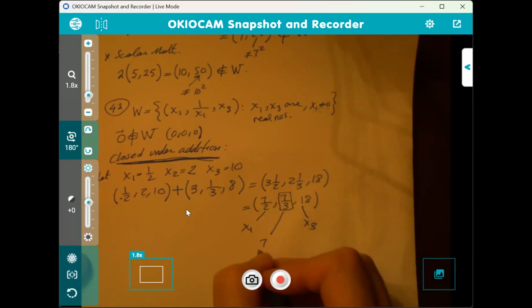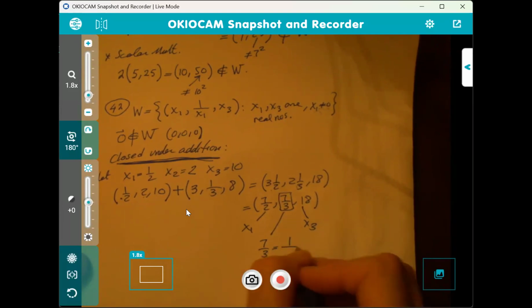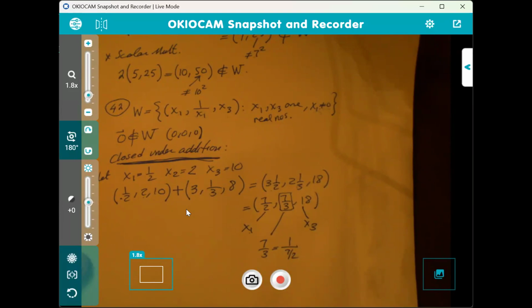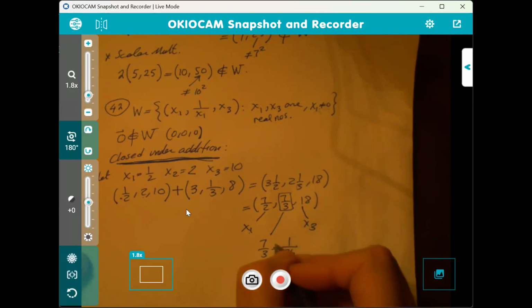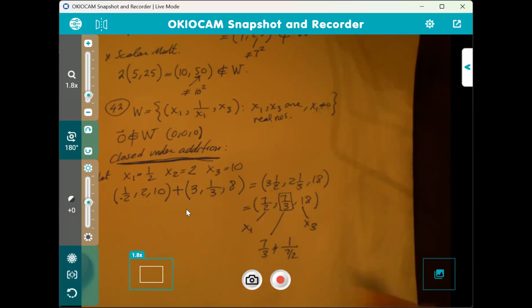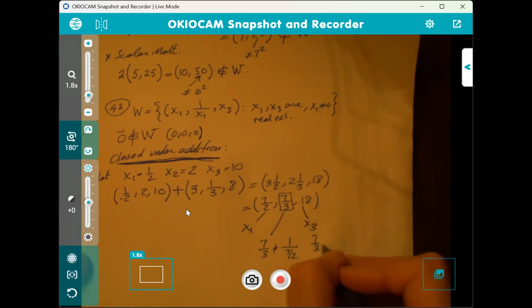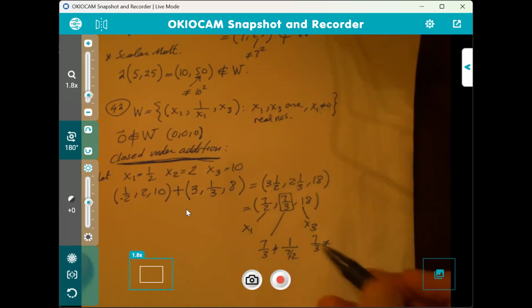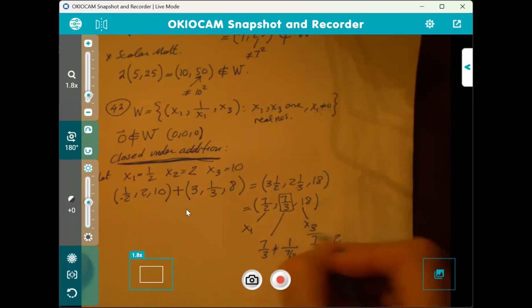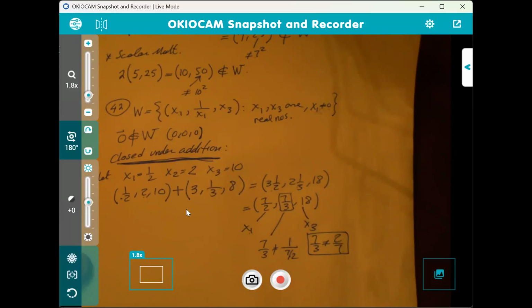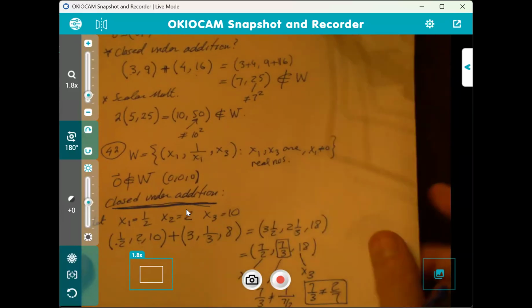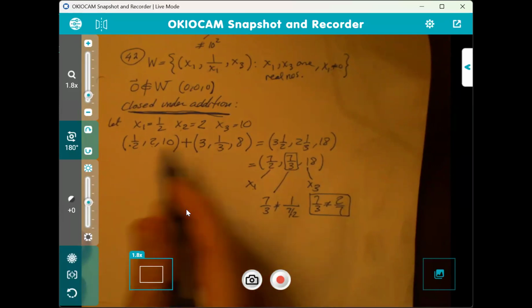Can I say 7/3 is 1 over x1, 1 over 7/2? That's not true, is it? 7/3 does not equal invert and multiply, 2/7. See? They don't come out. And I picked positive numbers. You could have picked negative numbers, by the way.